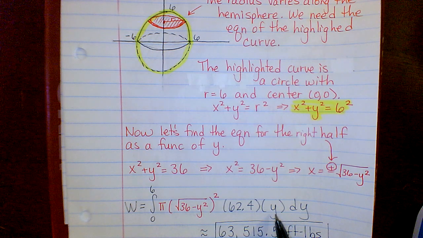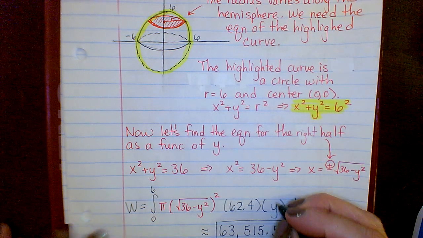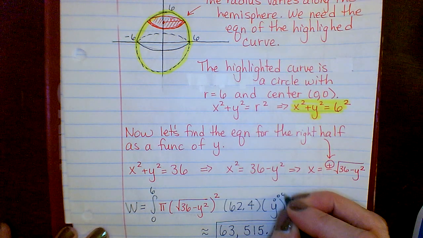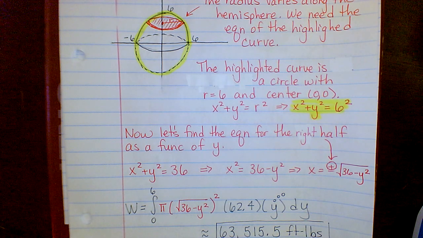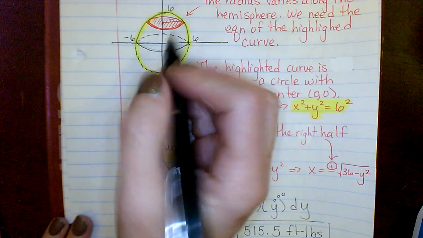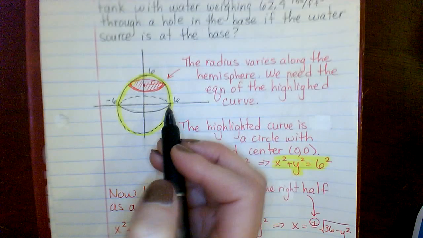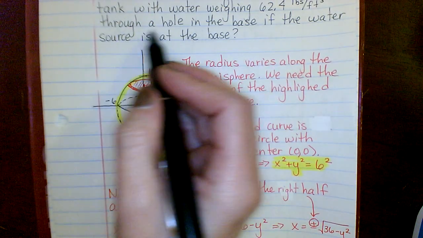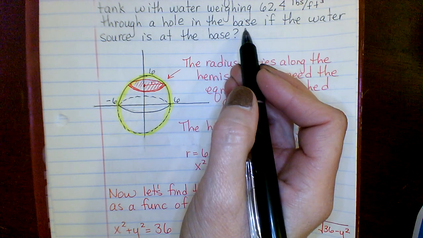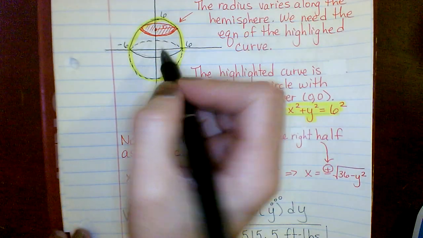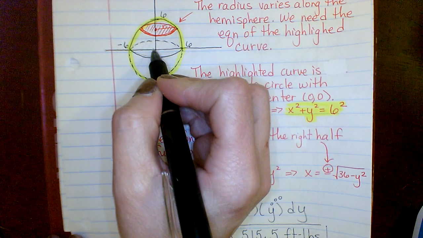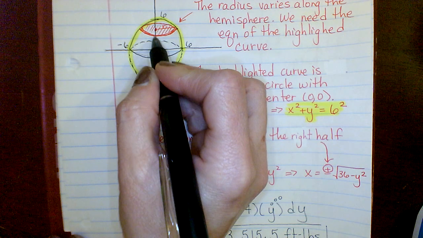This is a little weird here. Where did this y come from? Well, you know how I've said in the last two examples that you do that kind of upper minus lower? Because we're pumping in through the base. Remember, we're pumping water in through a hole in the base. The water is moving from 0 upward.